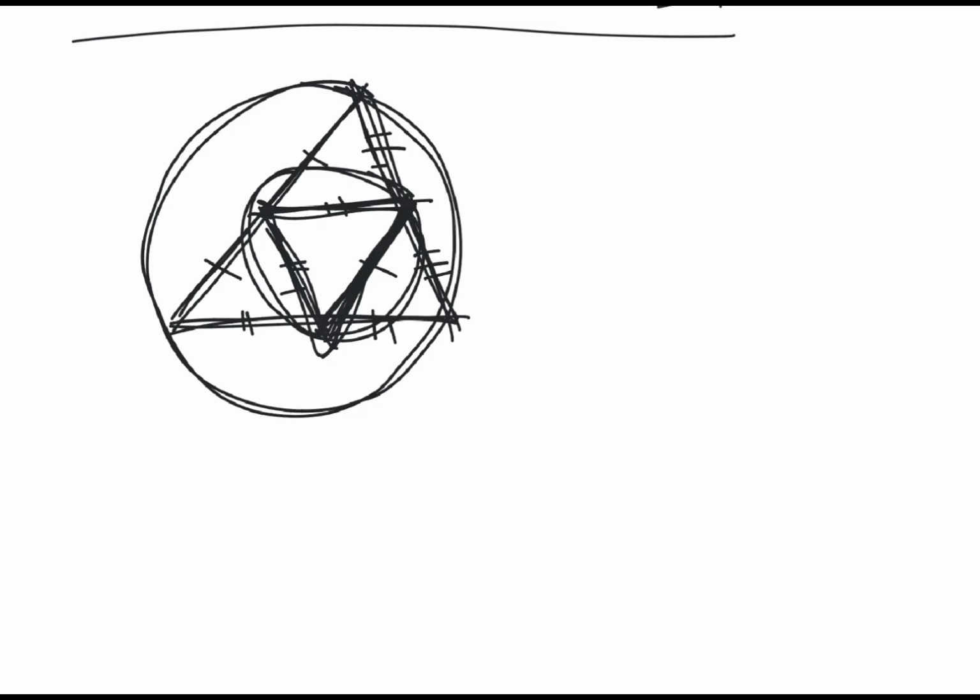So that's how we established that the radius of the 9-point circle is half of the radius of the circumcircle of the original triangle. But where its center lies is more difficult to prove, and we will use homothety for that, and you can check the next video for that. So that's it for this video.